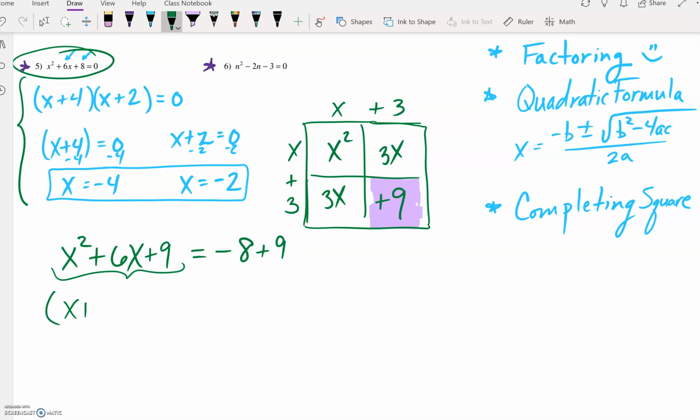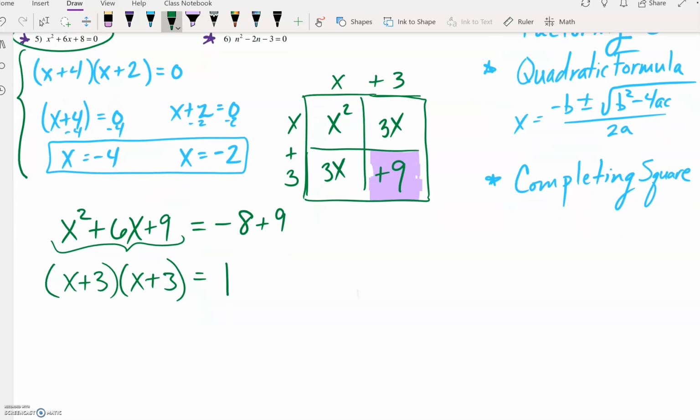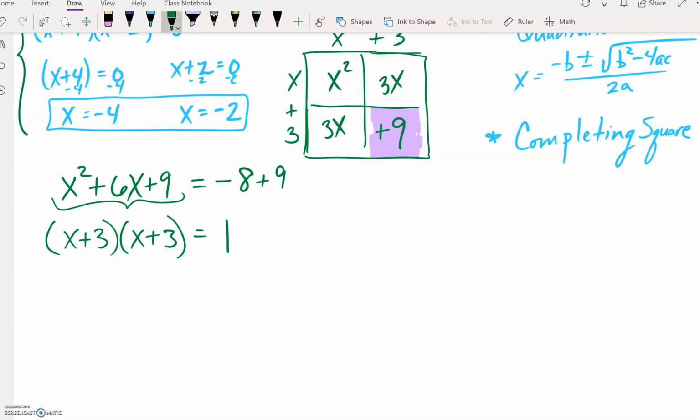And I start to rewrite and rework my perfect square trinomial here. So it looks like x plus 3 quantities squared, right, because those two are being multiplied by themselves, equals 1.